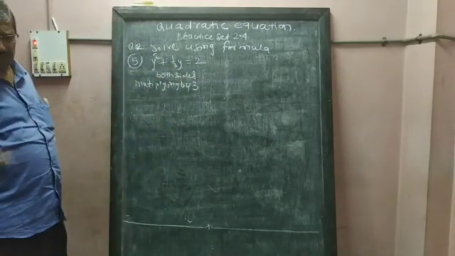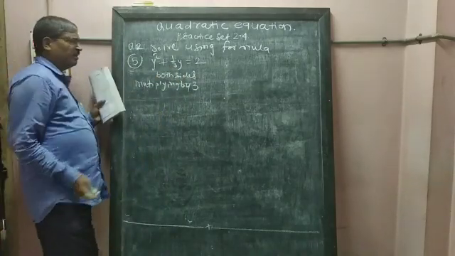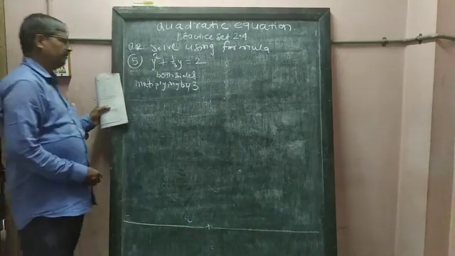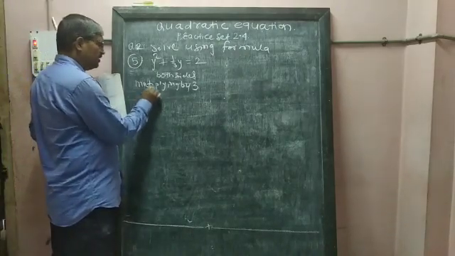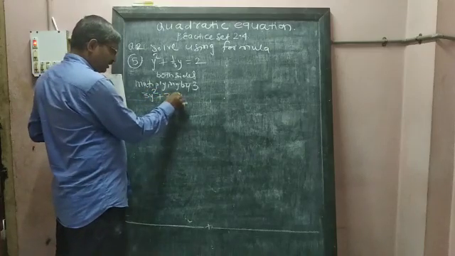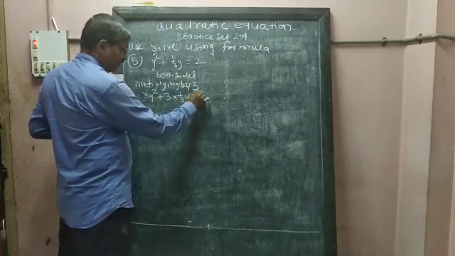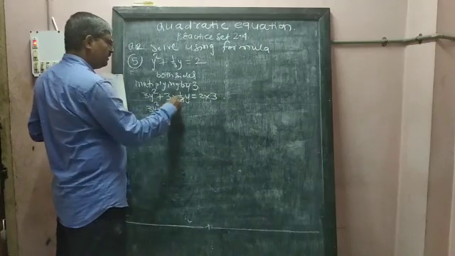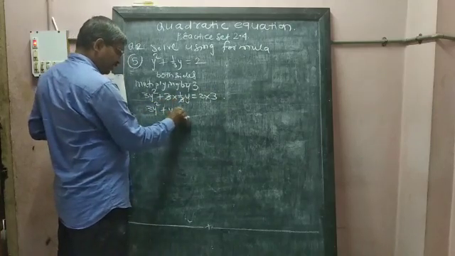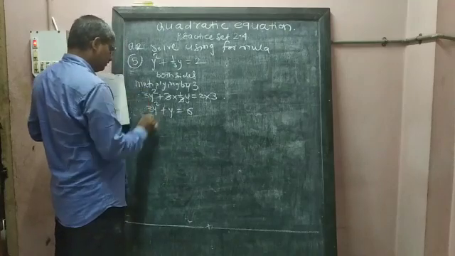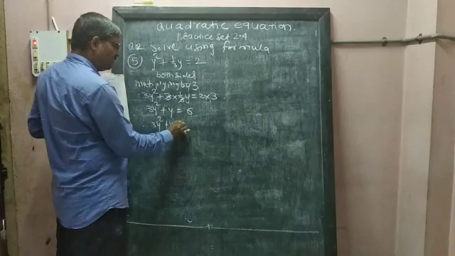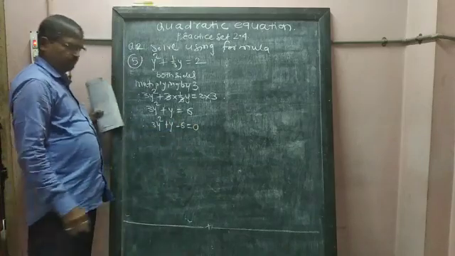You may take 1 upon 3, no problem, but to avoid confusion and make it easy, we multiply both sides by 3. Thus 3y square plus 3 into 1 upon 3y and 2 into 3. 3y square, these 3s cancel, and 2 3s are 6. Now 3y square plus y minus 6 is equal to 0.